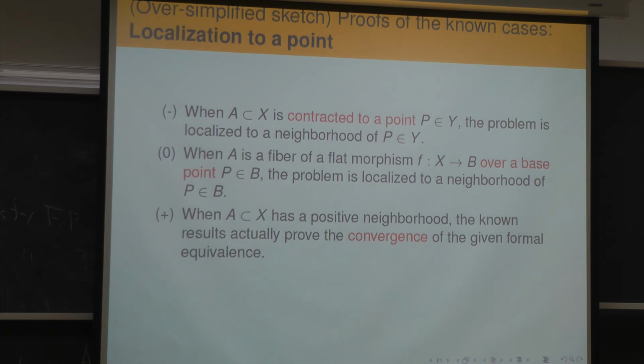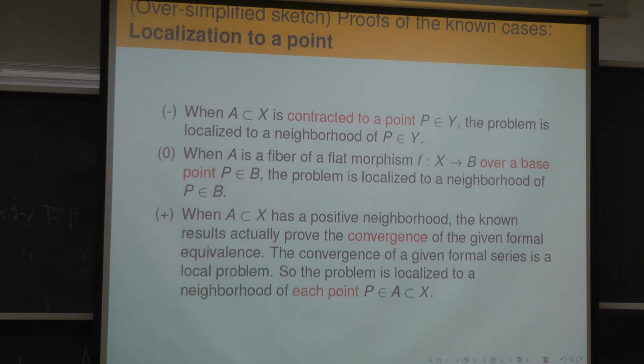Now what happens in the positive neighborhood case is that all the known results, Grauert, Commichau, Hirschowitz, actually prove the convergence of the formal power series. So in the case of a positive neighborhood, it's not an approximation theorem, but a convergence theorem.